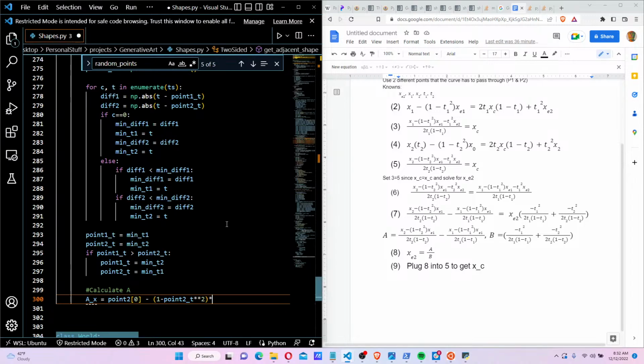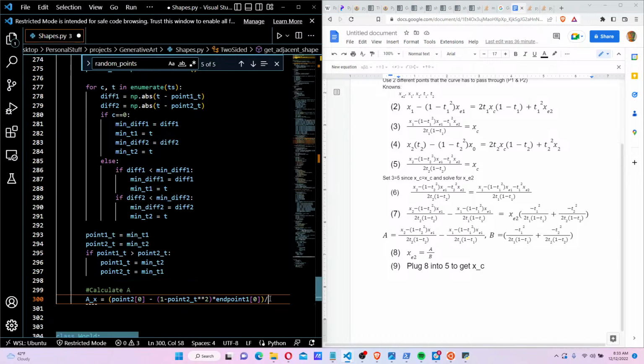Okay, and then outside the parentheses is endpoint 1, endpoint 1 of 0 for x, 0.2t. Okay, and that's the numerator of a.